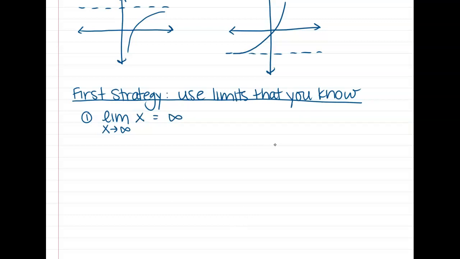Because if you just have a function x, as x goes to infinity, so does the function. The limit as x approaches infinity of 1 over x is 1 over a super big number, which is going towards 0.